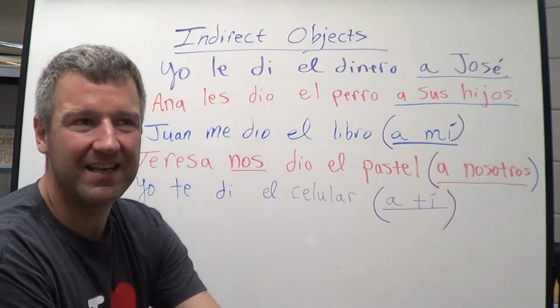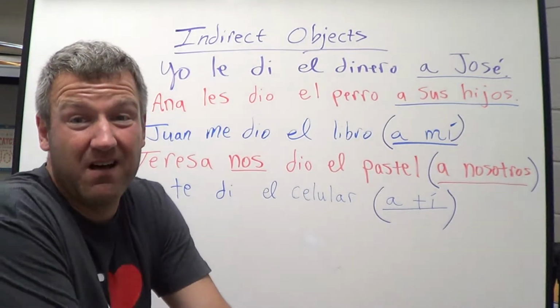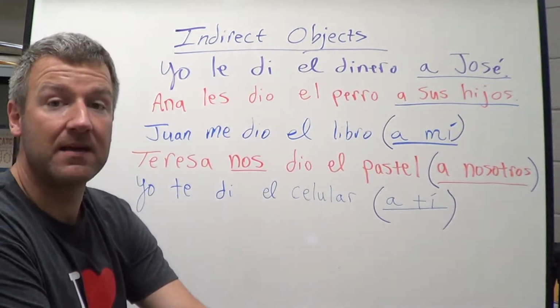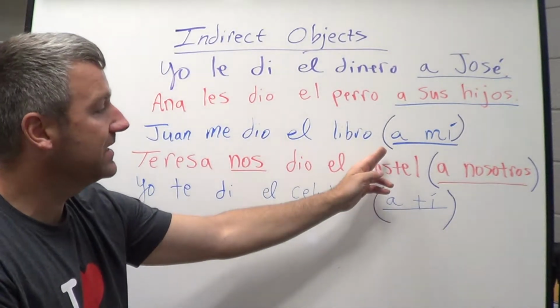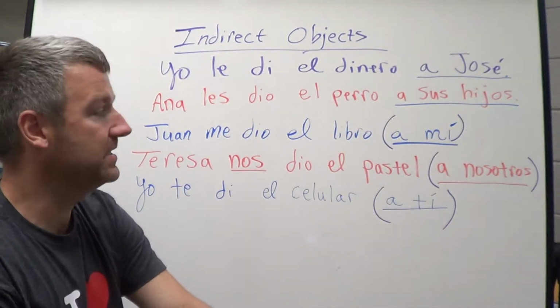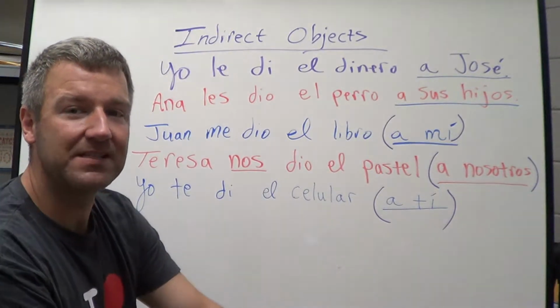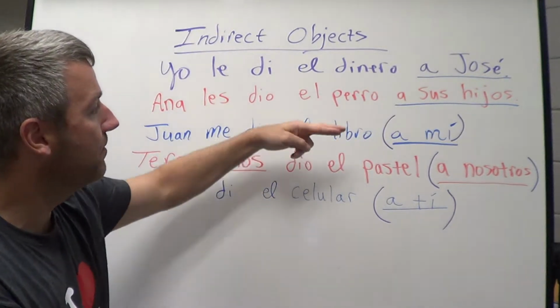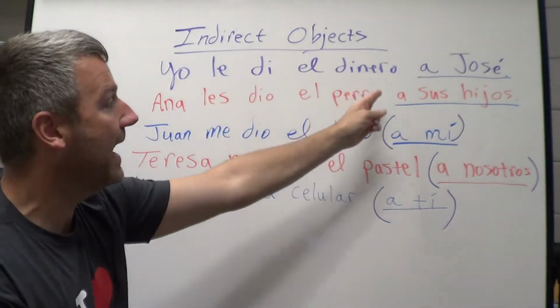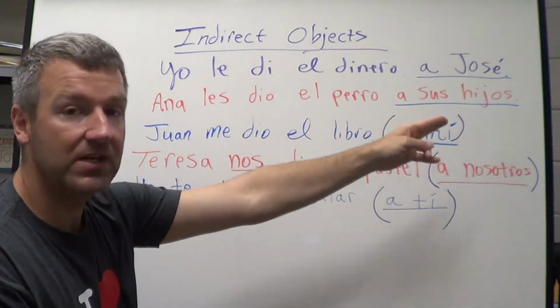So there's nothing that needs to be clarified. It's obvious. Juan gave the book to me. But if you look at the end of the sentence, I have in parentheses at the very end, a mí. And it kind of follows that same pattern as the above two sentences did. A José, a sus hijos.